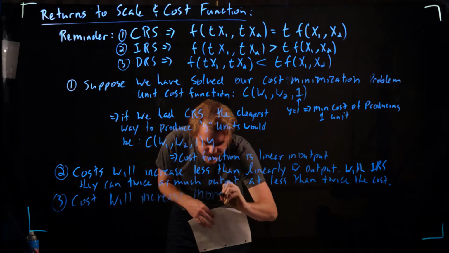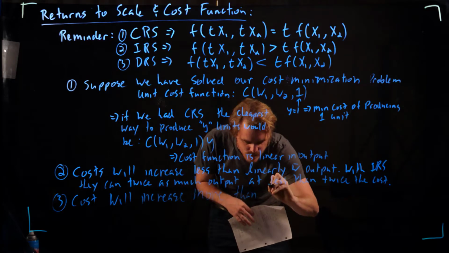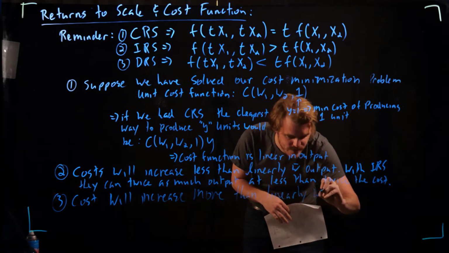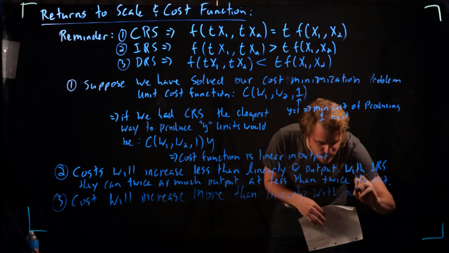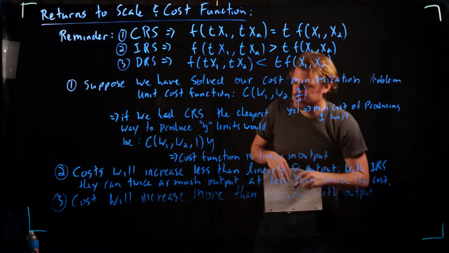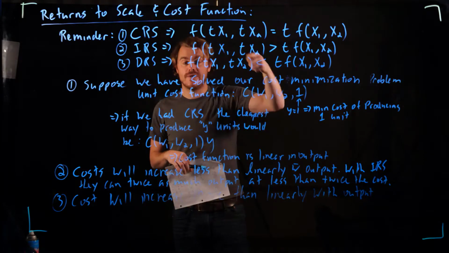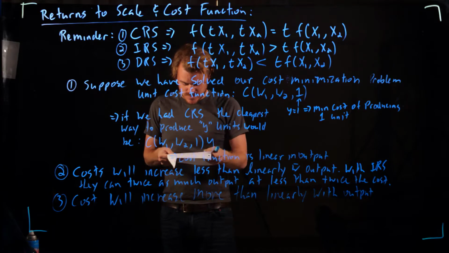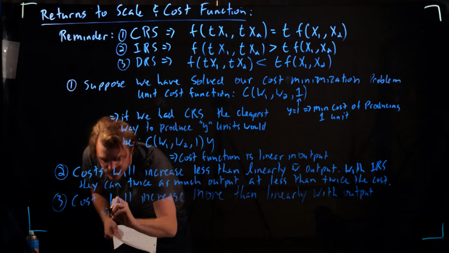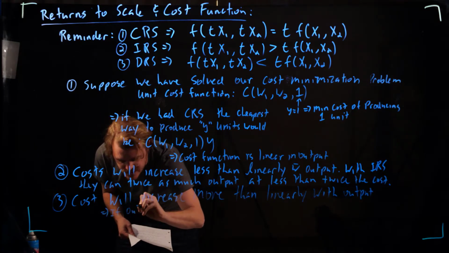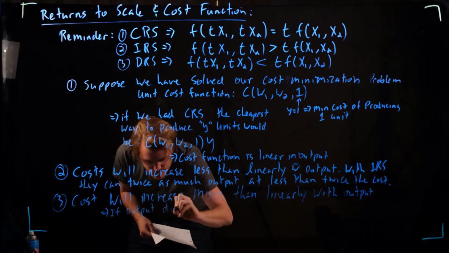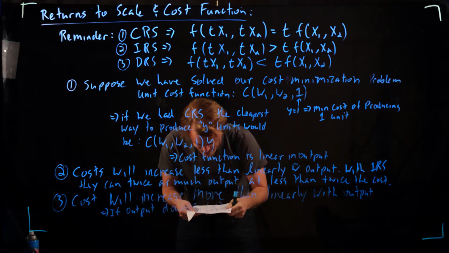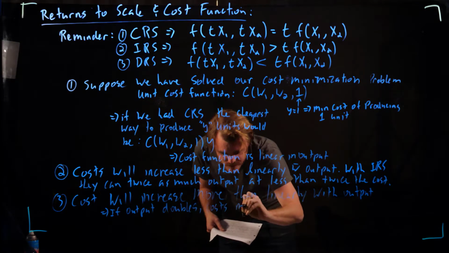So it's going to cost you more than double to produce double the output. If output doubles, costs more than double.